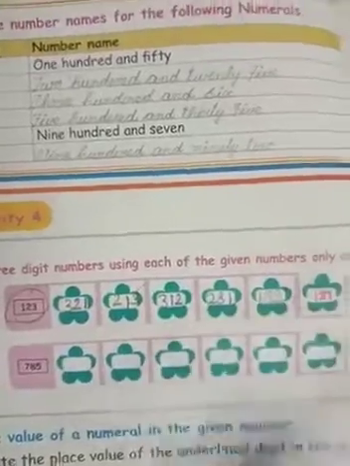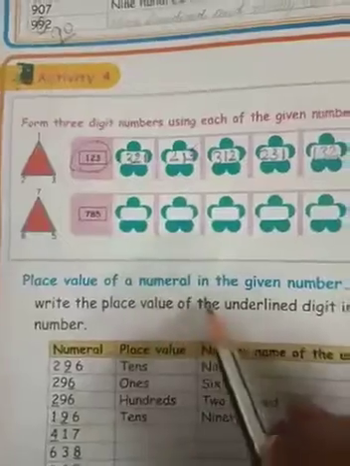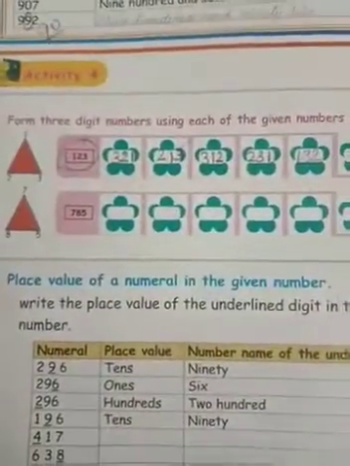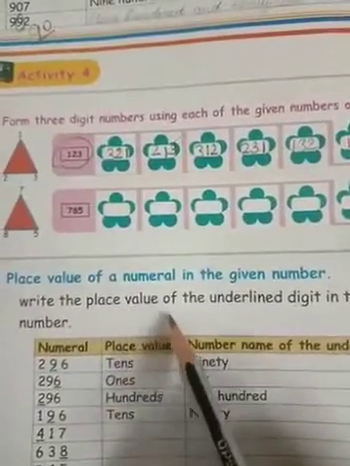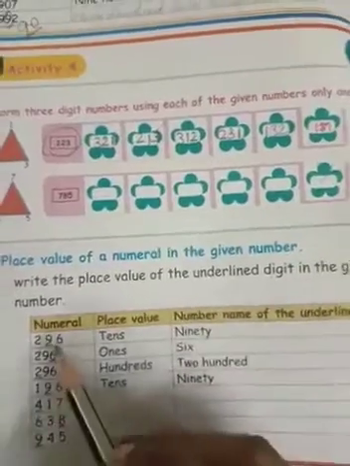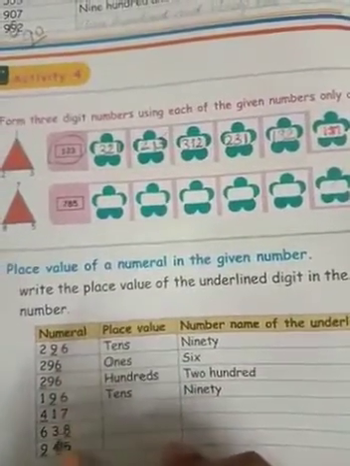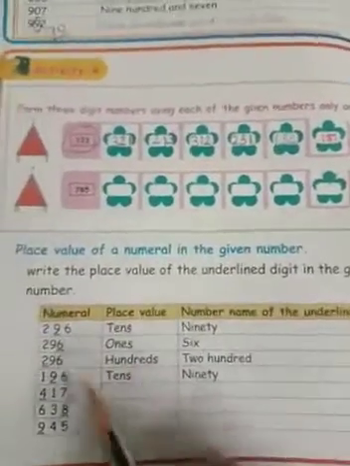Okay, then place value of a numeral in the given number. Write the place value of the underlined digit. Here some digits are underlined in the given number.